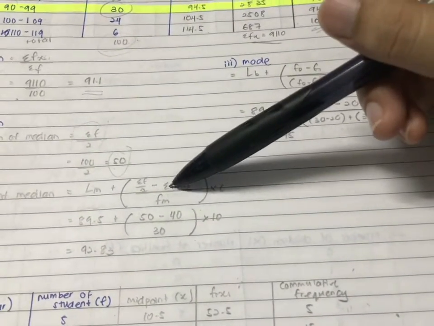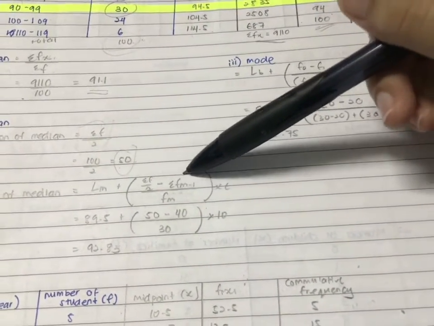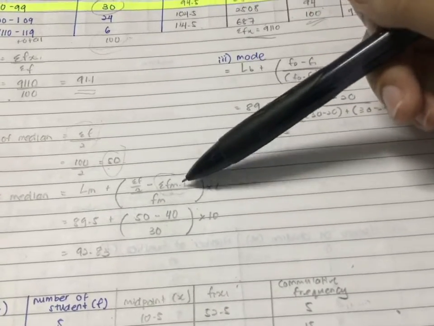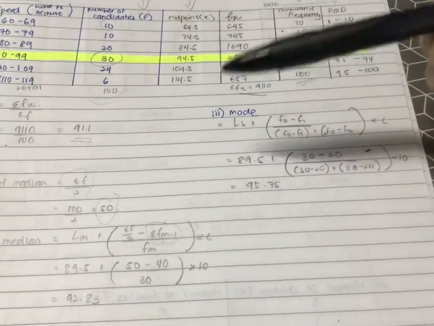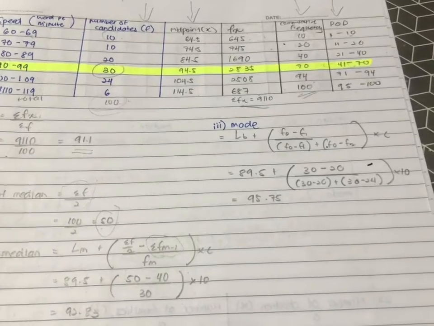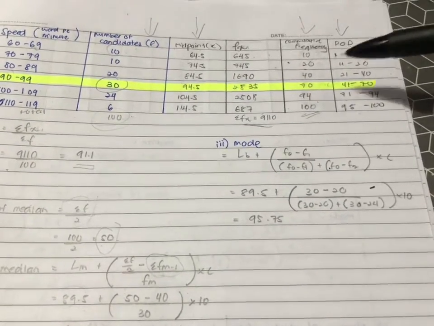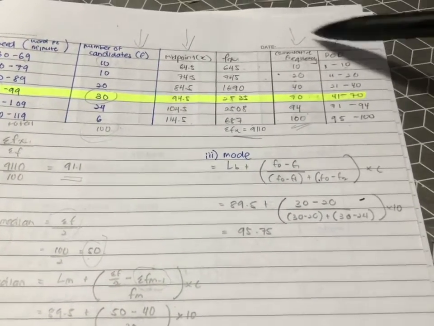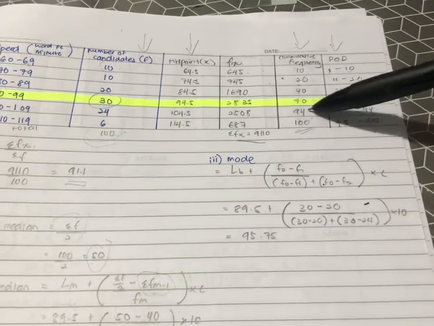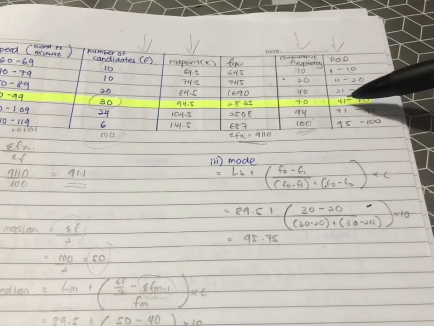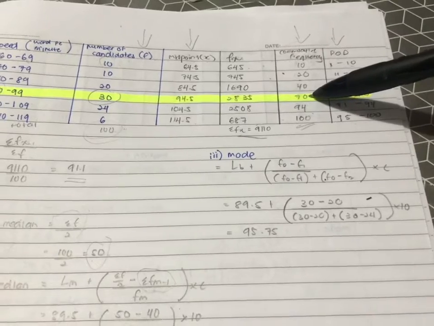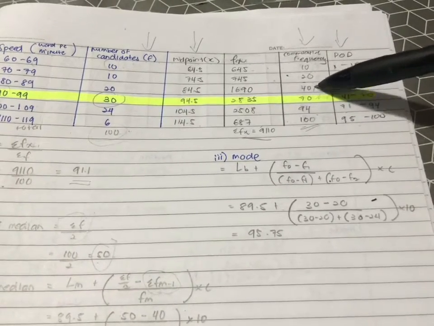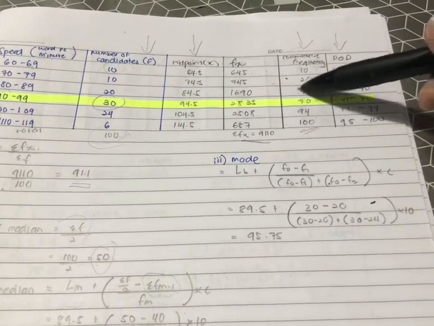What is the meaning of sum fm minus 1? This means the cumulative frequency before the median class. We look at the cumulative frequency before the location of median, here, so 40.